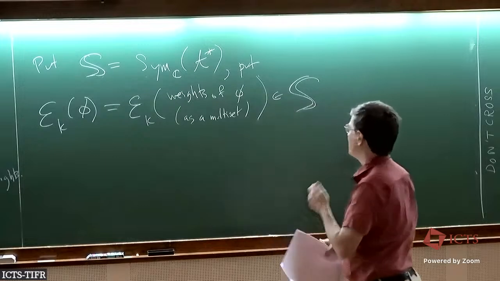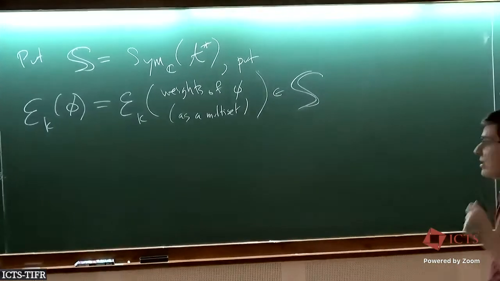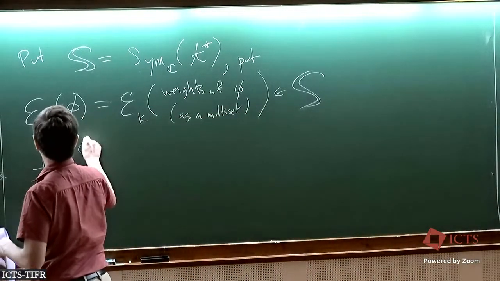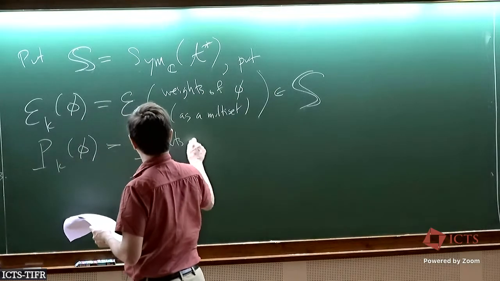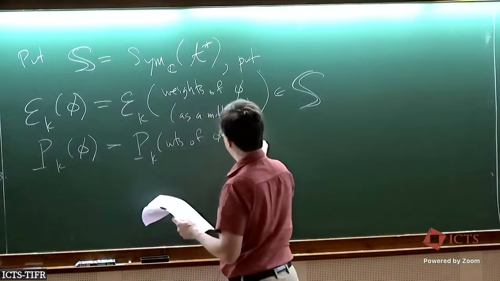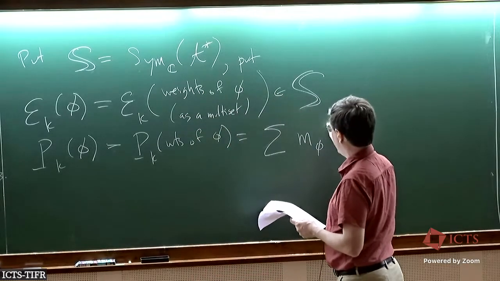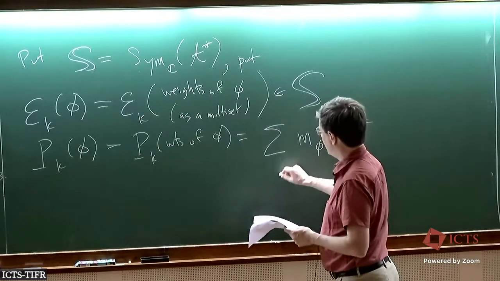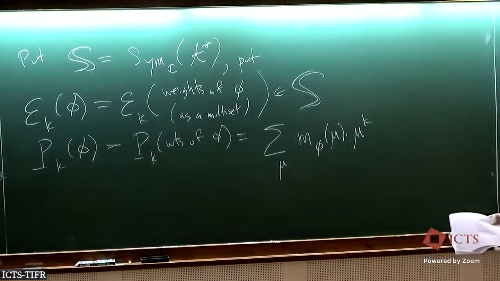Okay, and that's going to be living inside the S. I hope that's clear what I mean by that. And similarly, I'll have p_k of phi, which will be p_k of the weights of phi. I can be a little more explicit about that. I'll write this as the sum over mu of m_phi(mu) times mu to the k, and I could sum over all mu.